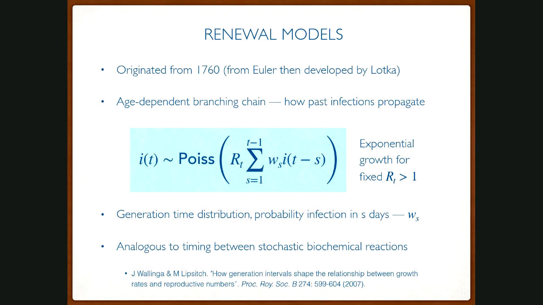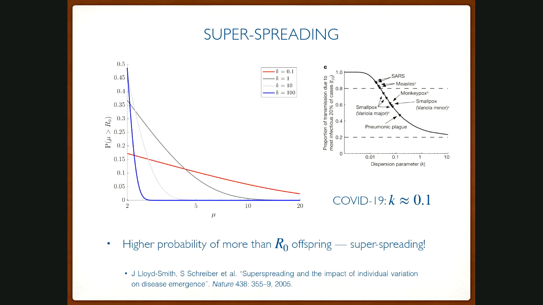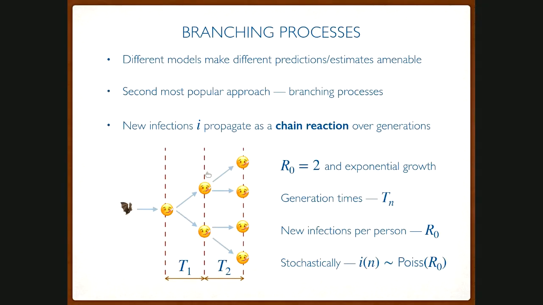And this brings us to a neat increase in complexity from our previous simple branching processes. In the initial branching process, I didn't talk too much about generation times, but they influence the rate of spread of the epidemic in a very similar way to the infectious period in the first half of the talk, that is, the gamma rate constant.